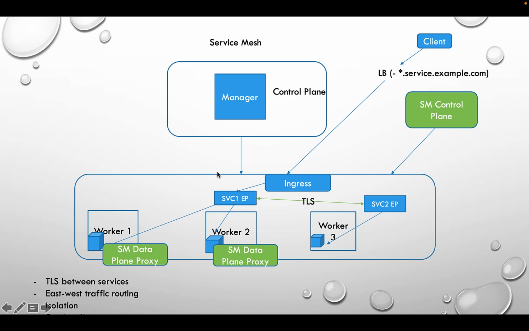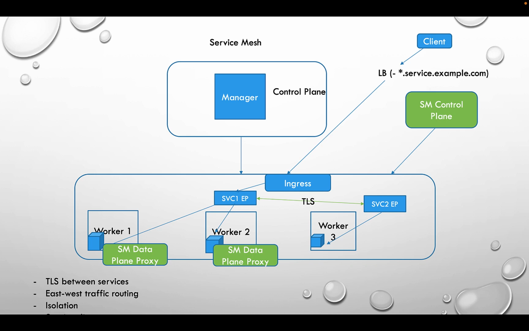But there will be another one running, using sidecar injection, and this will be the data plane sidecar proxy. So every pod will have another sidecar container running. That is the current architecture a lot of these products are using. This is called the data plane, and this is called the control plane for the service mesh itself.